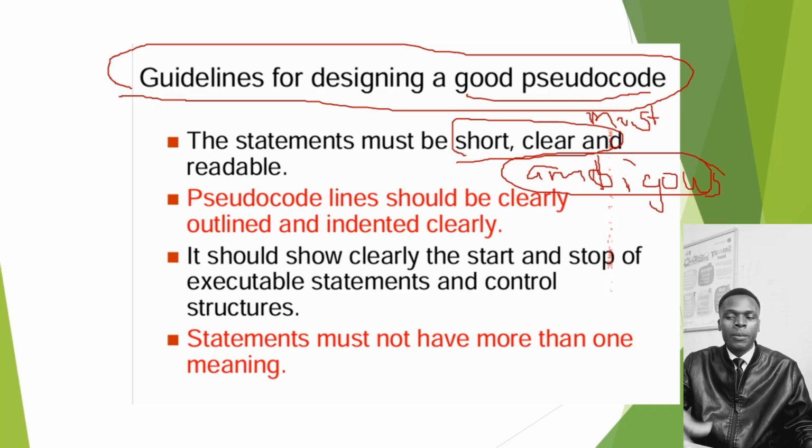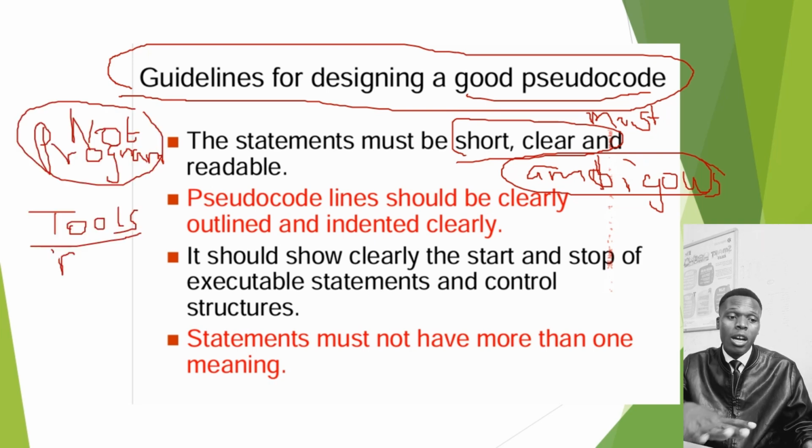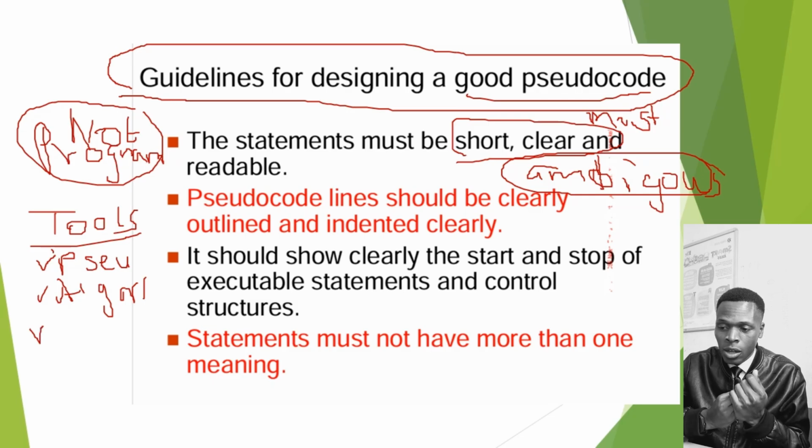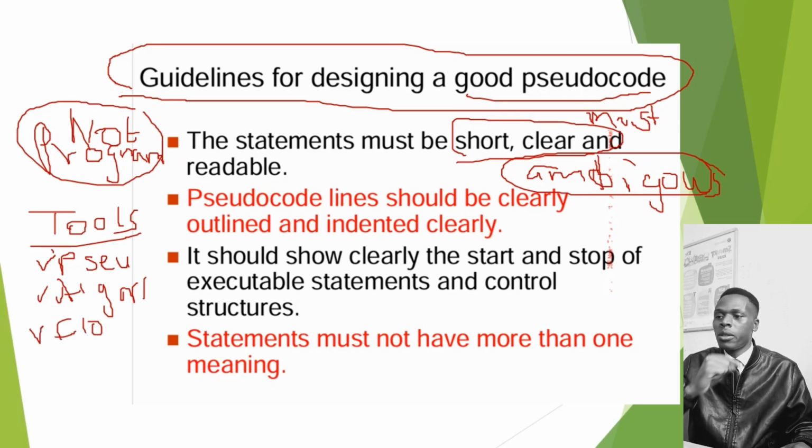You were taught the tools for programming. There are many, but at your level in high school, we only do three: a pseudocode, a flowchart, and an algorithm. Pseudocode lines should be clearly outlined and indented clearly.